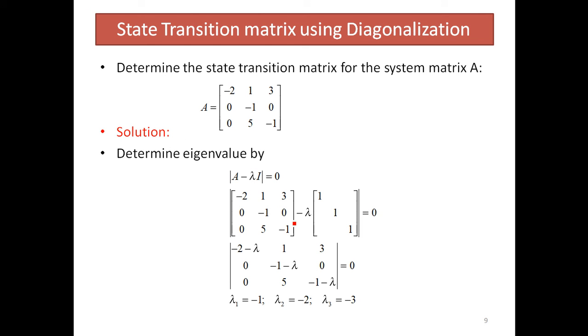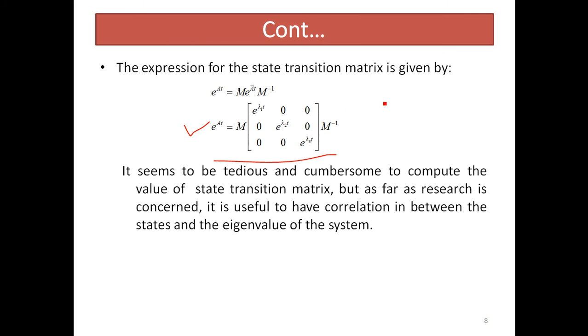Now, take one example. If a system is defined by system matrix A as this one, then you are asked to calculate the state transition matrix using diagonalization. So ultimately you have to calculate M, e raised to lambda 1 t, e raised to lambda 2 t, e raised to lambda 3 t. These elements are based on the eigenvalues, so you have to calculate the eigenvalues.